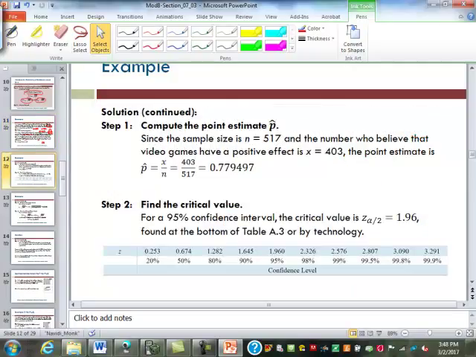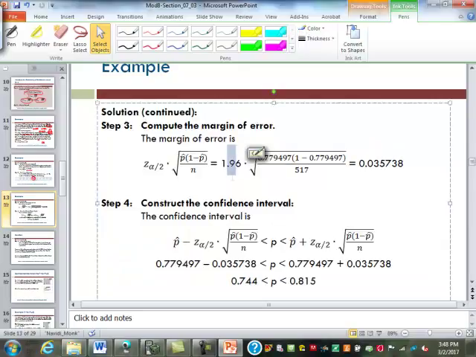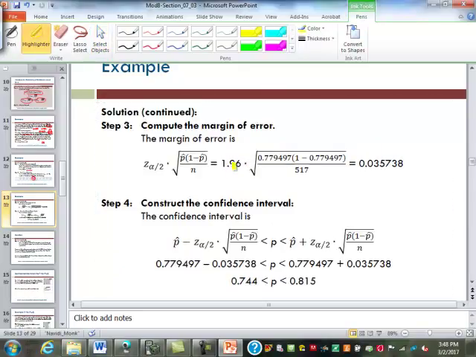Okay, so then go ahead and compute. We found the point estimate before: 403 divided by 517. Our critical value is the 1.96 that we found earlier. So the margin of error is 1.96 times the standard error.